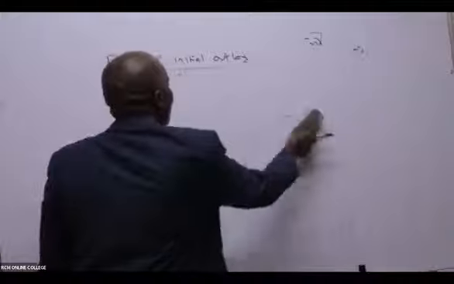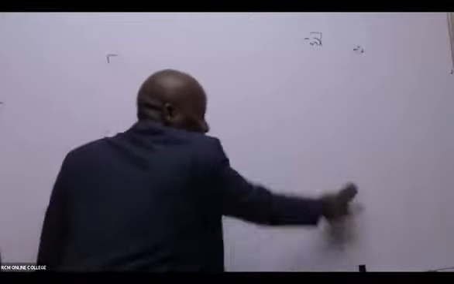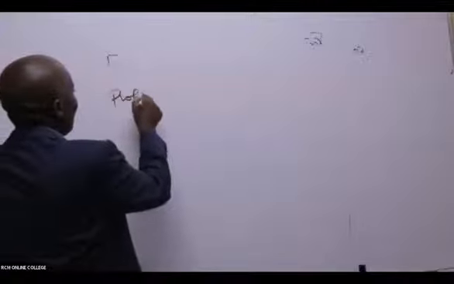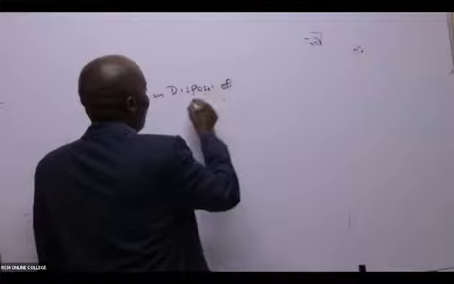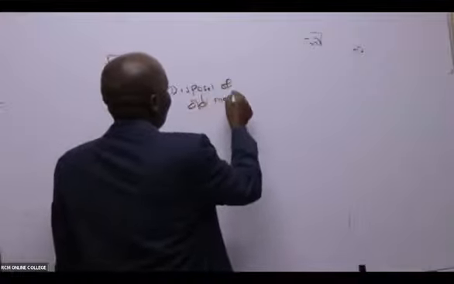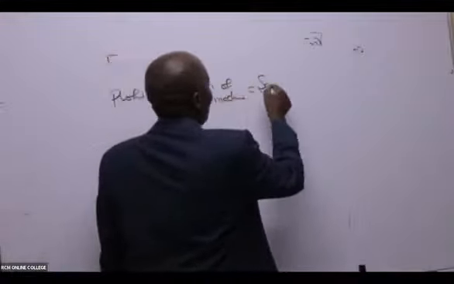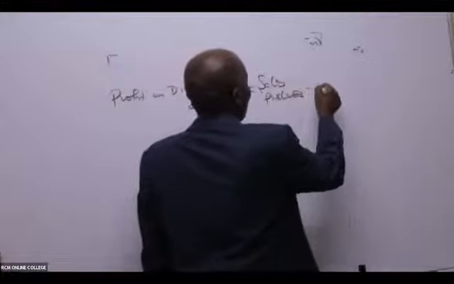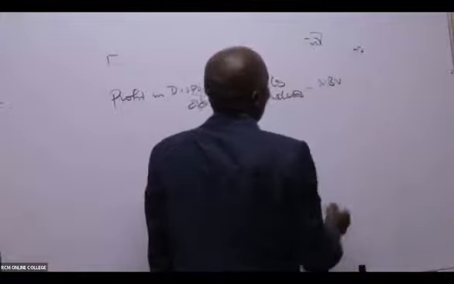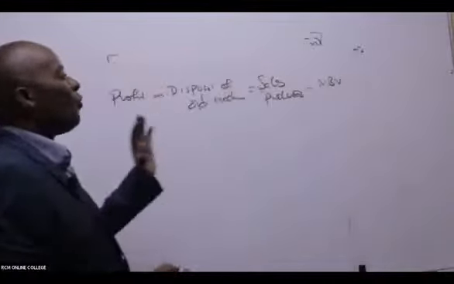So first of all, give me the profit on disposal of old machine: sales proceeds minus net book value at year 2.